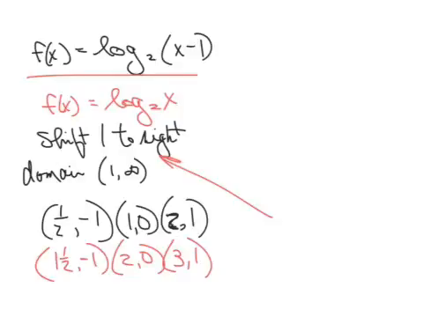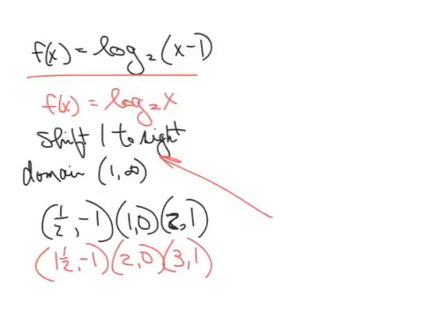So for f of x equals log base 2 of x, what we have up here would look like that. But because we shifted everything to the right, those top 3 in black here turn into that. Everything shifted 1 to the right.